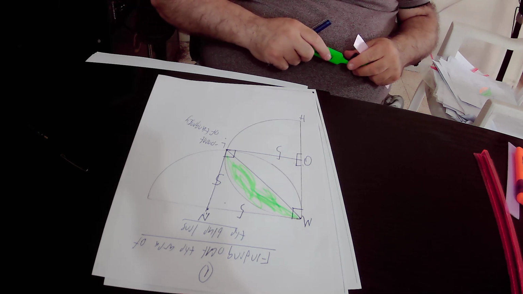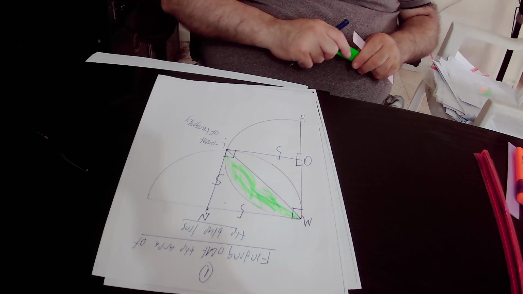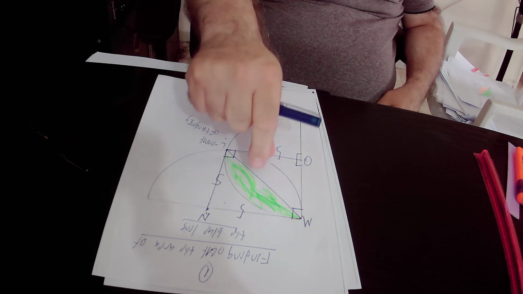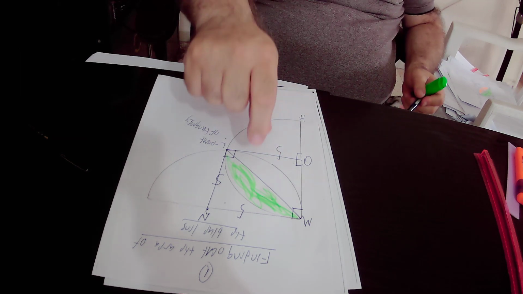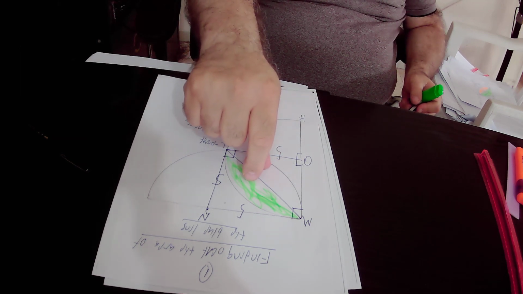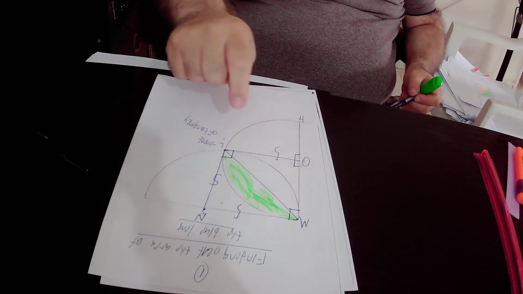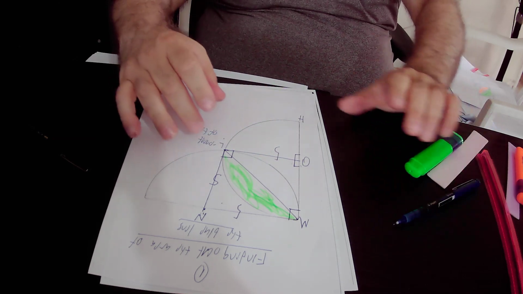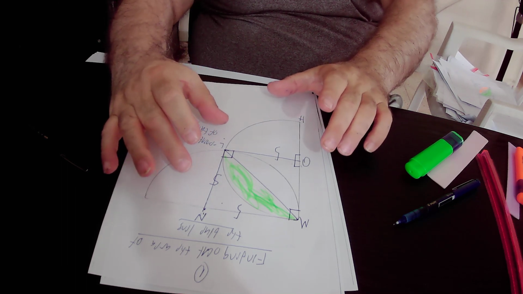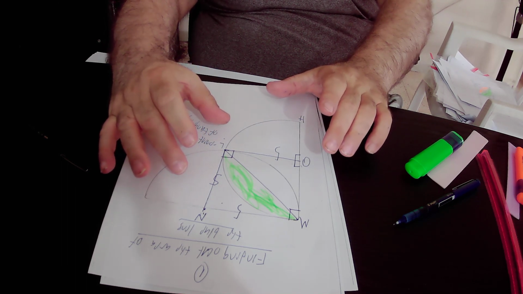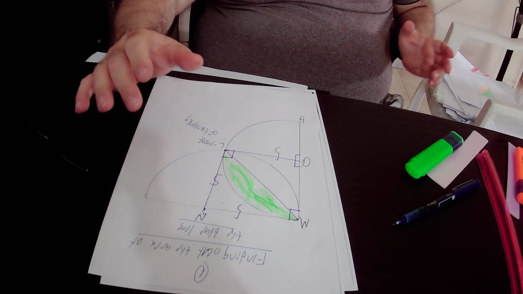I'll repeat again that the reason those 2 circular segments are identical is because of the fact that those 2 semicircles are also identical and they are perpendicular to each other.